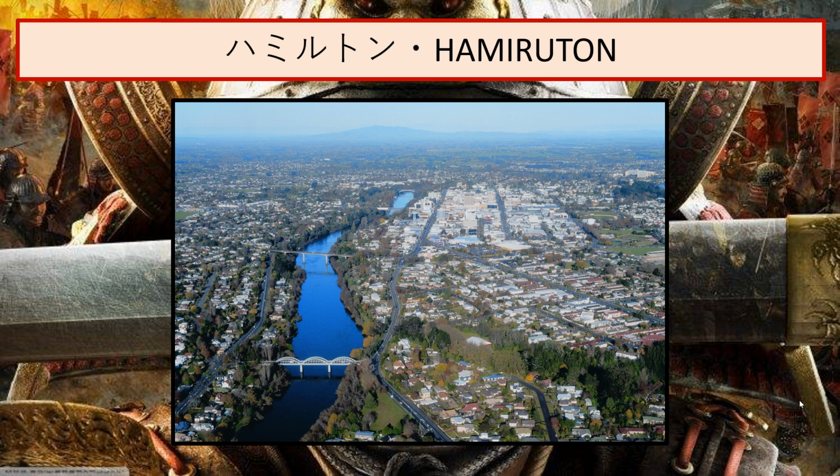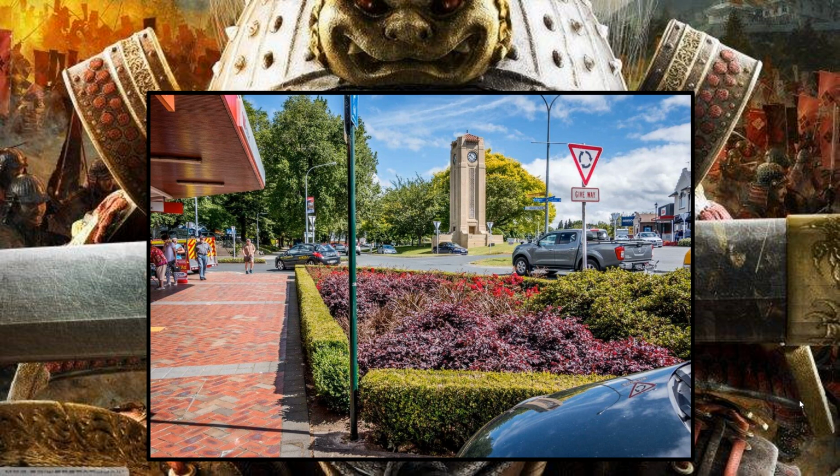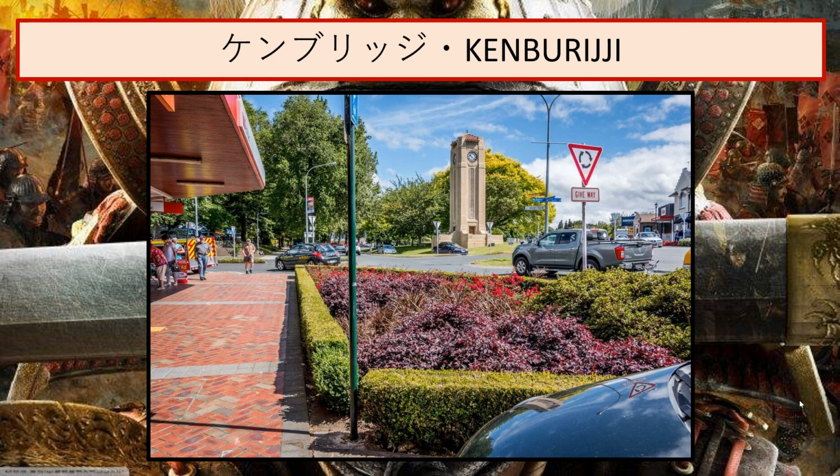Famous for balloons over Waikato if you're wanting to put in a bunch of hot air balloons instead of the cityscape, as it were. はい。And そして最後 last but not least, hopefully you can recognize this. And this is Cambridge. はい、Cambridge.